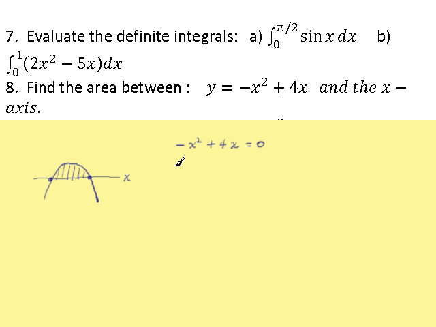Factor out an x. And set each factor equal to 0, and we have x equals 0, x equals 4. So we're going to integrate from 0 to 4.